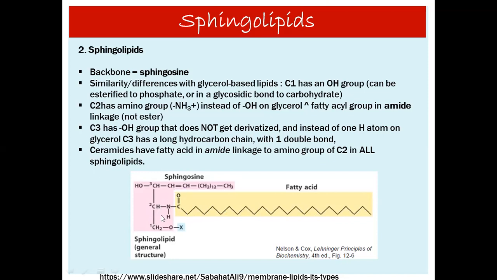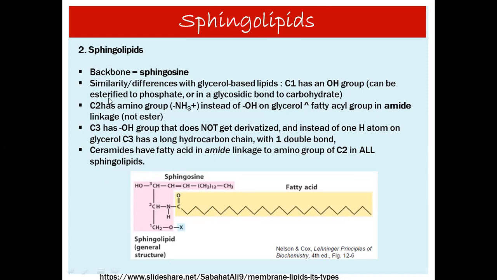So here you can see the amide linkage at carbon 2, where carbon 3 has the hydroxyl group that does not get derivatized, and instead of one hydrogen atom on the glycerol C3 there is a long hydrocarbon chain with one double bond. Total carbon number is 13, 14, 15, so 15 carbons long, with one double bond.